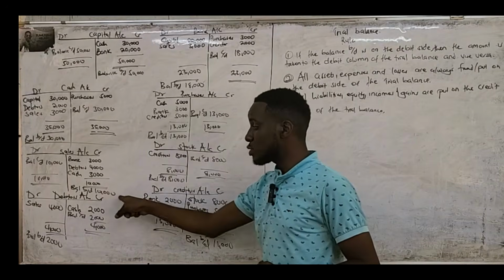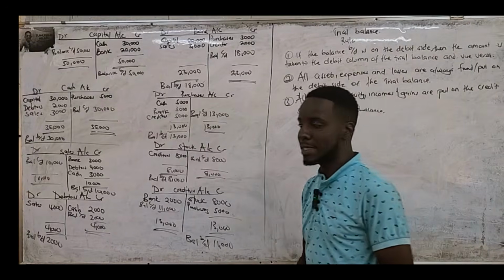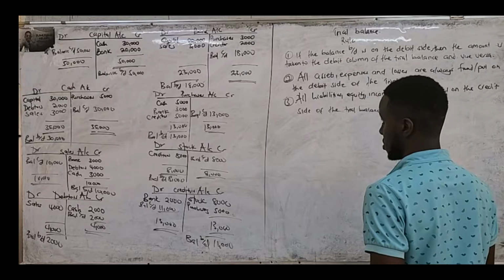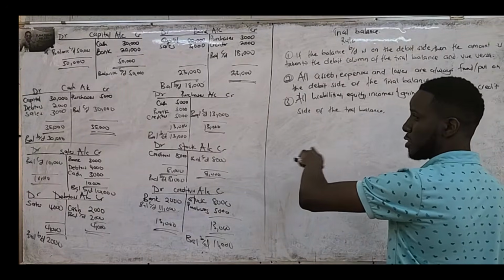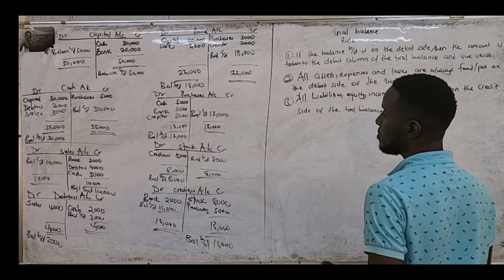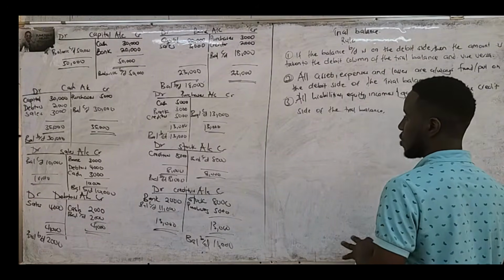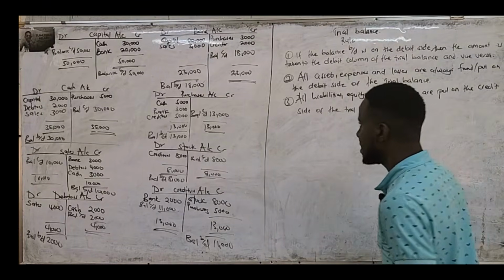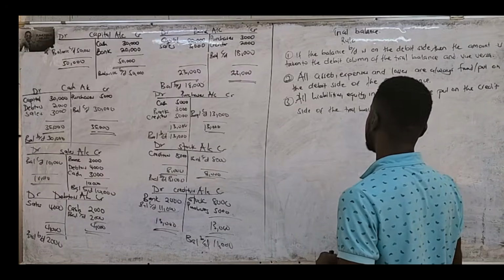So it means this one too should go on the credit side of the trial balance. So those are the rules that you should be keen about. They should help you, and later on we shall use these very rules, especially when you're doing financial statements, to help us determine which one is an asset, which one is a liability, which one is an equity element. So we shall use them to help us in the financial statements.